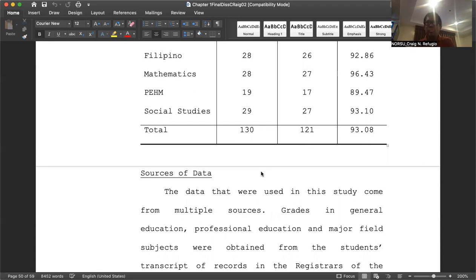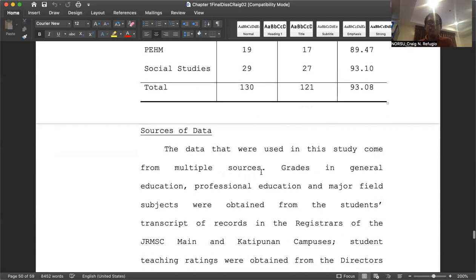However, if you collect data from a database, like I collected the data from PSA, or from the registrar's office, then that's secondary. So if you directly collect the data from the participants, that's primary. However, if the data are collected by someone else or deposited in a certain office, and you get the data from that office, then you are looking at secondary data.